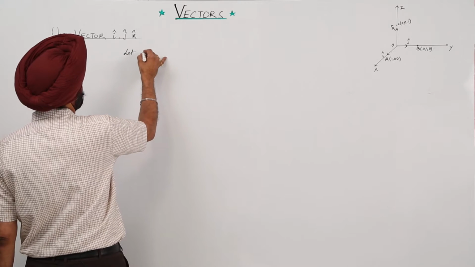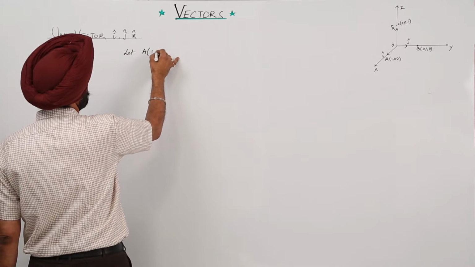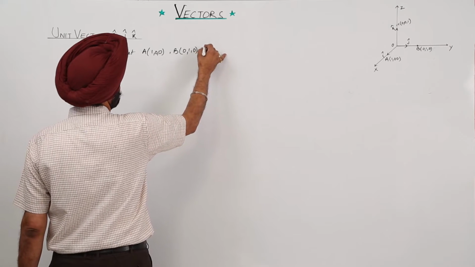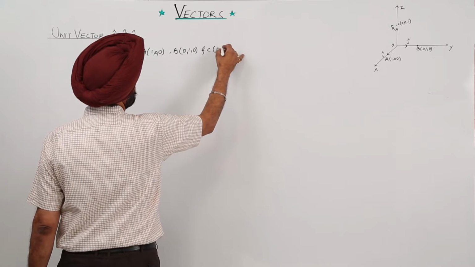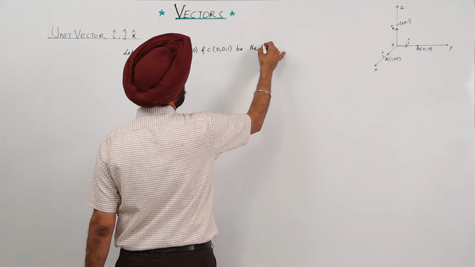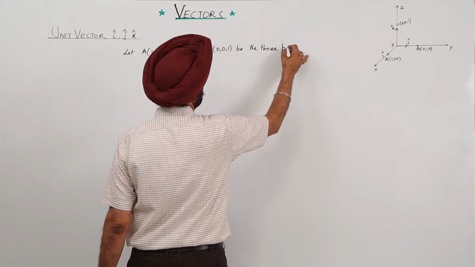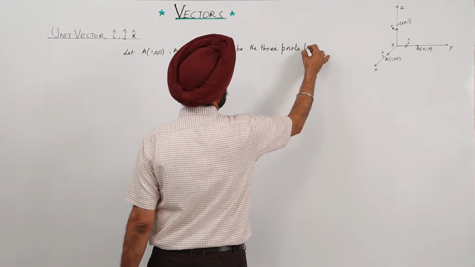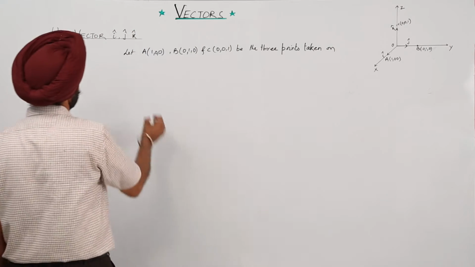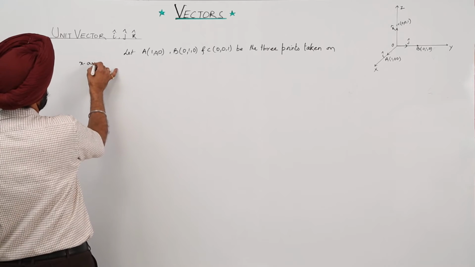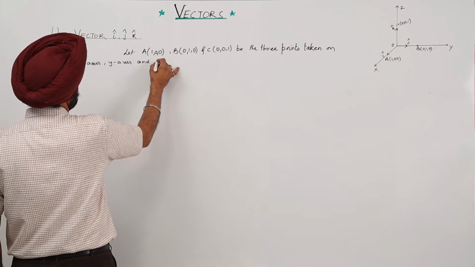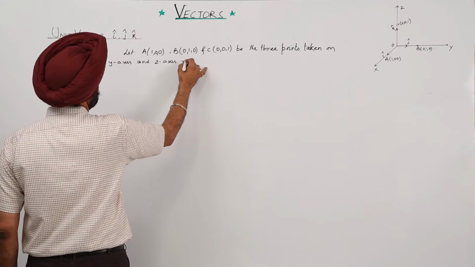Let A (1, 0, 0), B (0, 1, 0) and C (0, 0, 1) be the 3 points taken on the x-axis, y-axis and z-axis respectively.